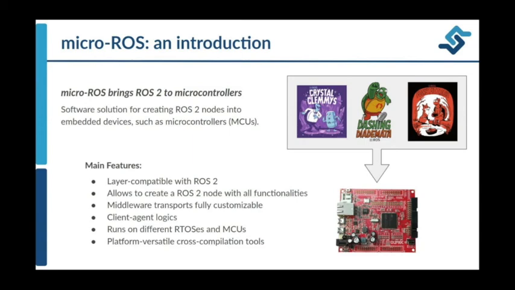Then, once again, it follows a client-agent logic in a one-to-one mapping with the same entities of the Micro XRCE-DDS. And it can run on several real-time operating systems and on several microcontrollers. To do that, crucially, it offers a versatile build system that allows selective cross-compilation depending on the software and the hardware that the user needs.